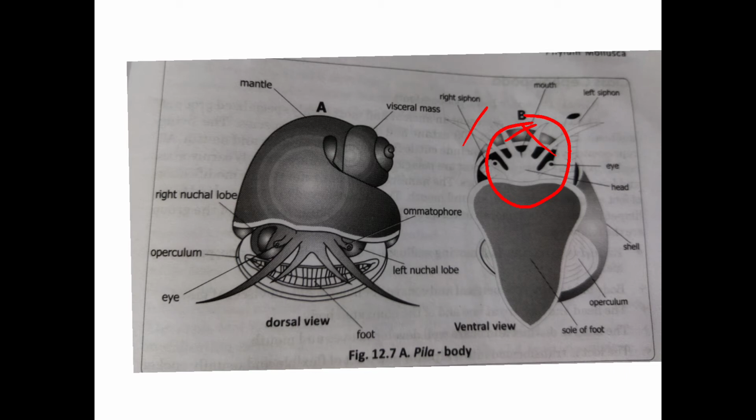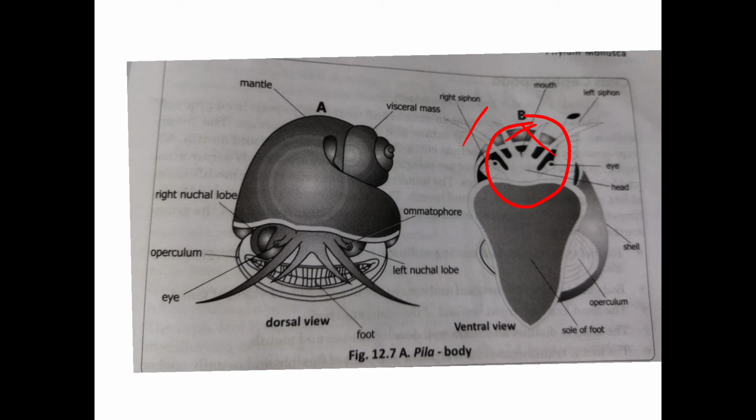A common example is Pila, also called the apple snail. It's a freshwater snail, and it is amphibious. That means they can live in water as well as in terrestrial conditions. In water, they respire through gills. In terrestrial conditions, they respire through the pulmonary sac. It is a herbivore, feeding on small algae and small aquatic plants.